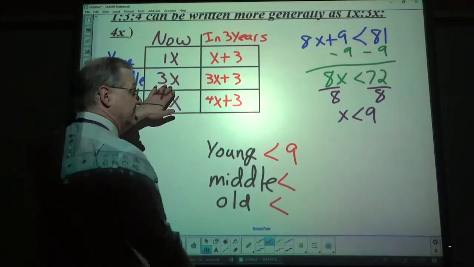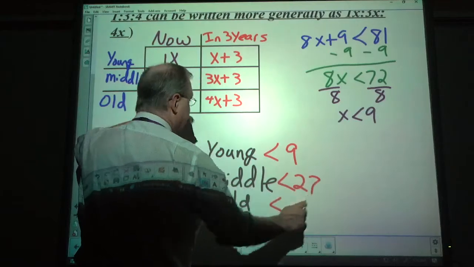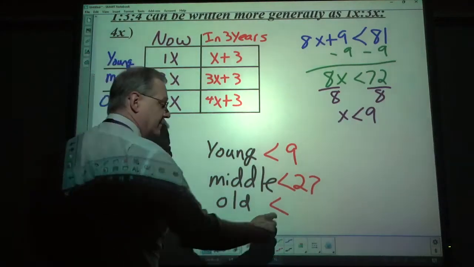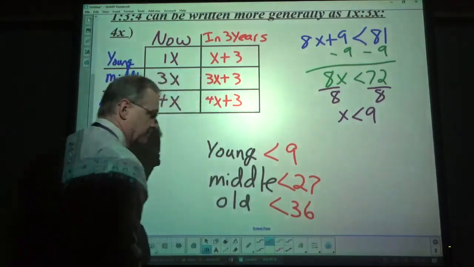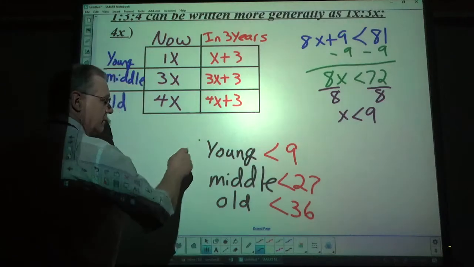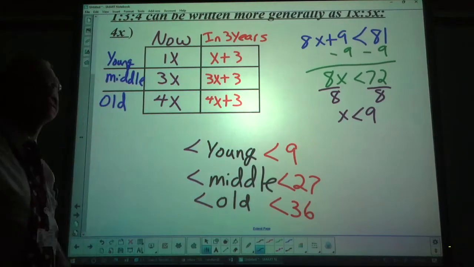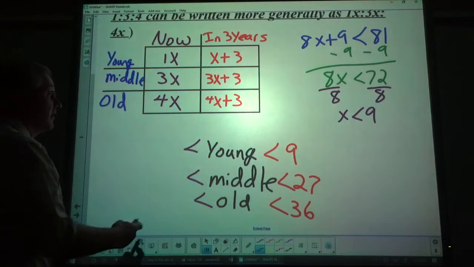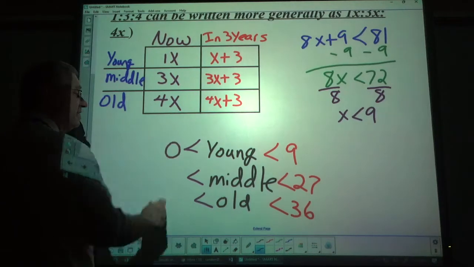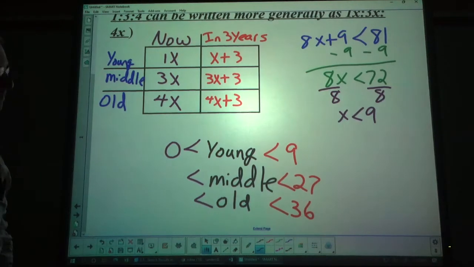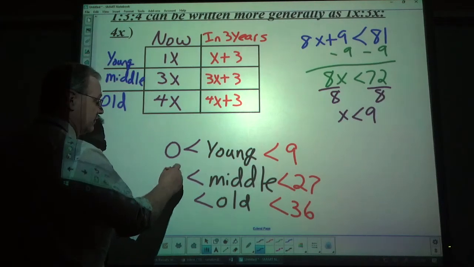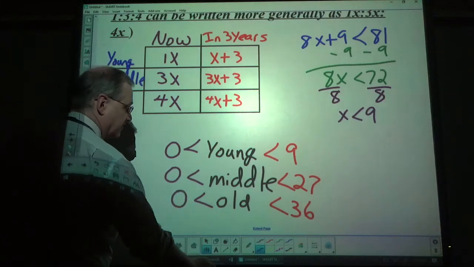The middle is less than 9 times 3, 27, and the oldest is less than 9 times 4, 36. They have to exist. Currently, maybe the youngest was just painted, but we can't use 0. I guess we have to use 0. So they all have to be greater than 0.